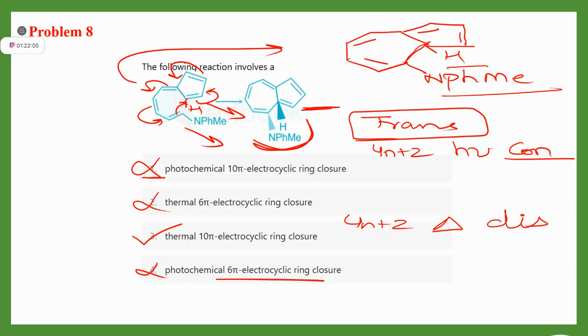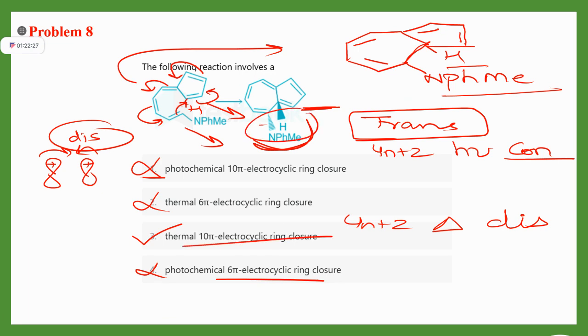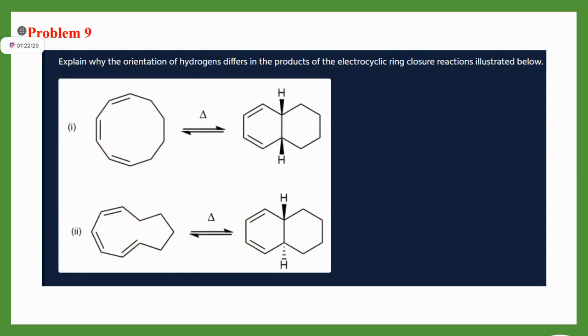Why? Because in hexa-1,3,5-triene, psi 3 will be your HOMO, correct? And for constructive overlap, they should undergo disrotation. And disrotation can only give you these two substituents in trans position, correct? I hope I am clear to everyone.